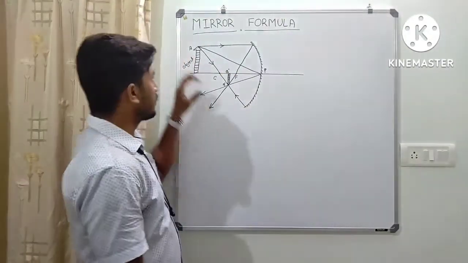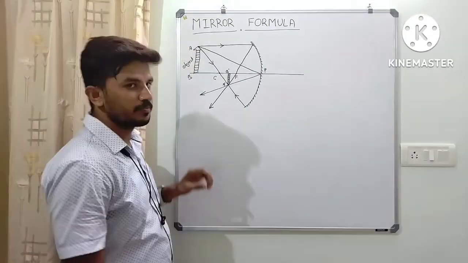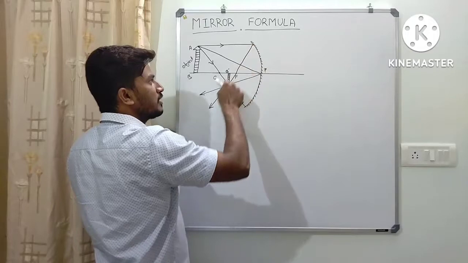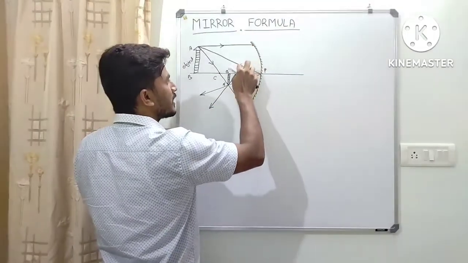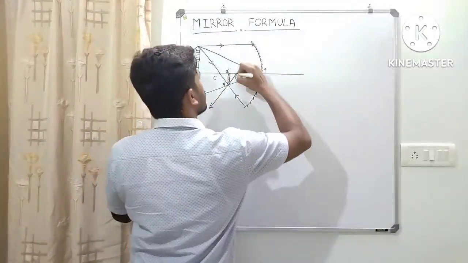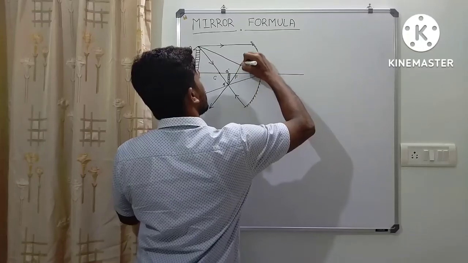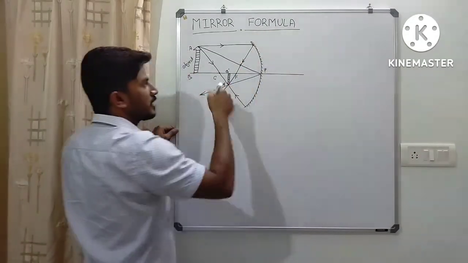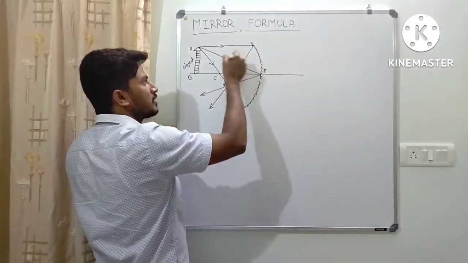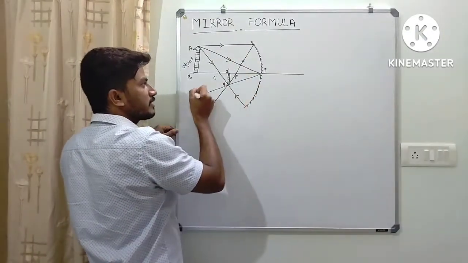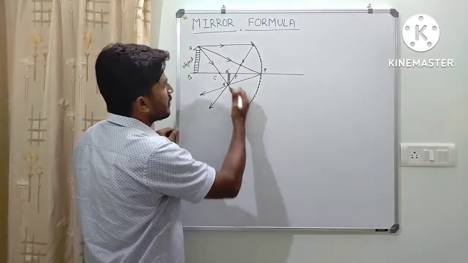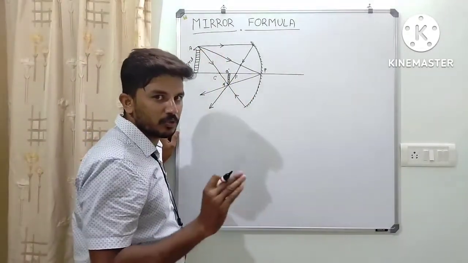So first I have considered the object AB. Then I have considered three light rays. One light ray is moving in this direction. Actually it should be a straight line, so make use of a scale to get a straight line here. Another light ray moves in this direction and reflects. The light ray which moves through the center of curvature reflects back in the same direction, as you know.